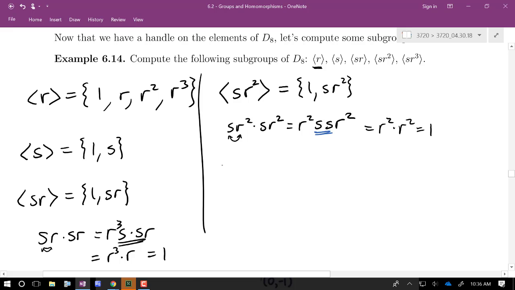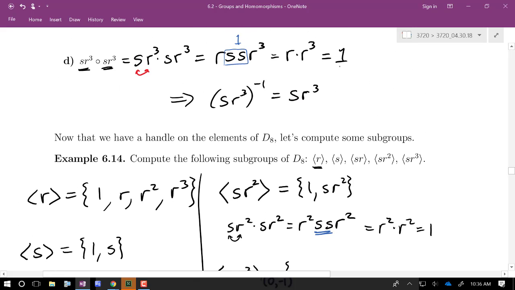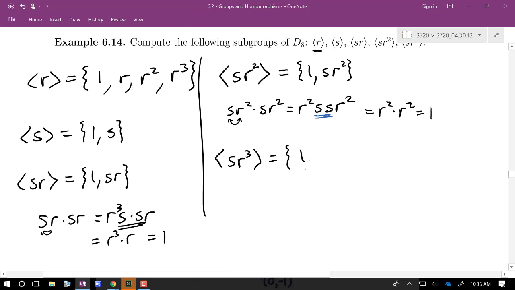And then our last subgroup that we're going to examine in this example is the one generated by SR cubed. Now, in the previous example, we saw that SR cubed times SR cubed is 1. So again, that subgroup generated by SR cubed just has those two elements.